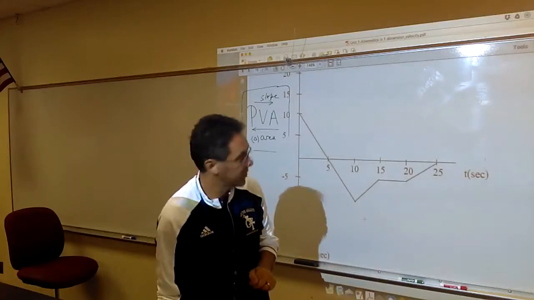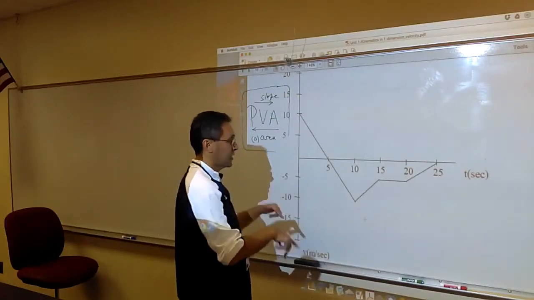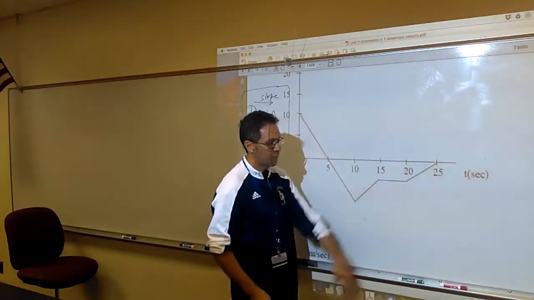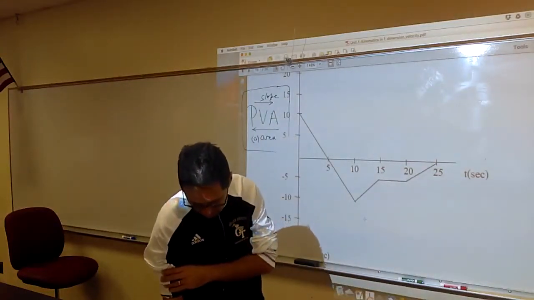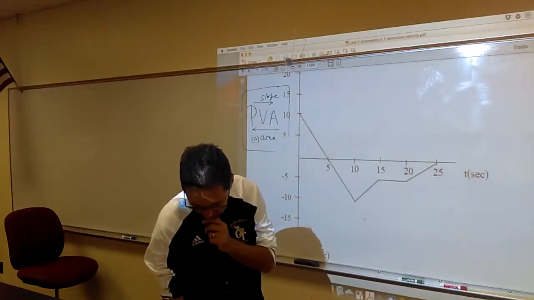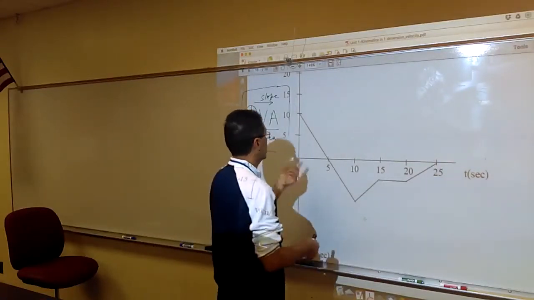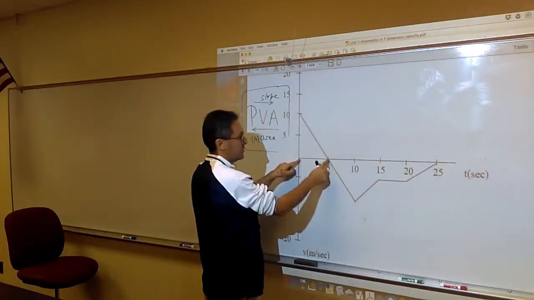When is the object moving backwards? That's the same thing as saying when is the object moving in the negative direction. I already addressed that. It's between 5 and 25 because the curve happens to be below the time axis. When is the object decelerating, meaning when are you slowing down? Well, you're slowing down here between 0 and 5 seconds because you're going from 10 to 0.